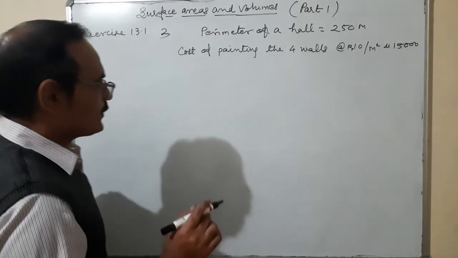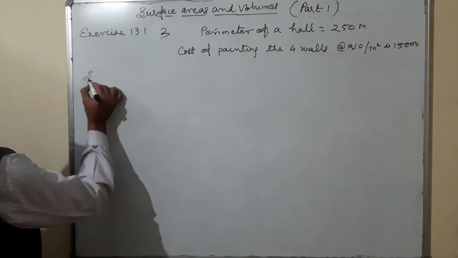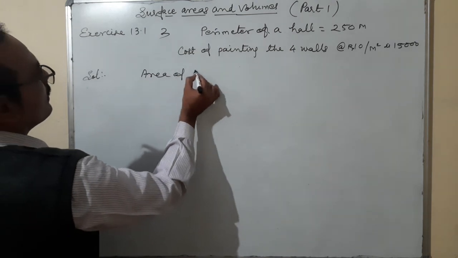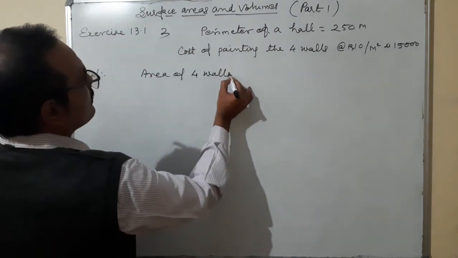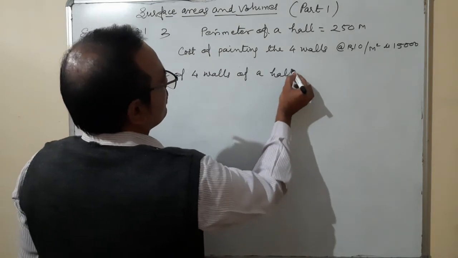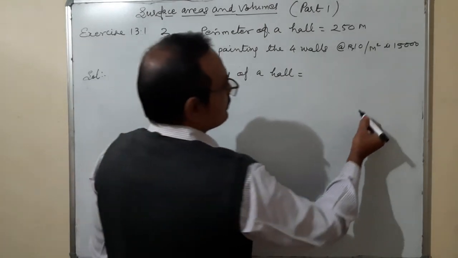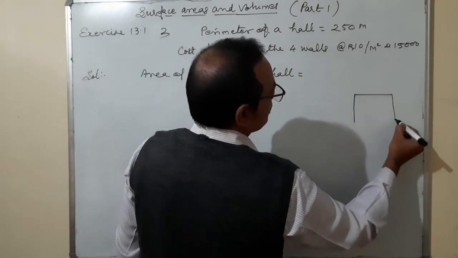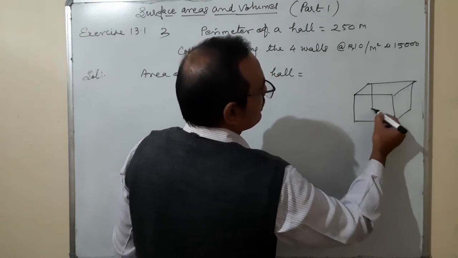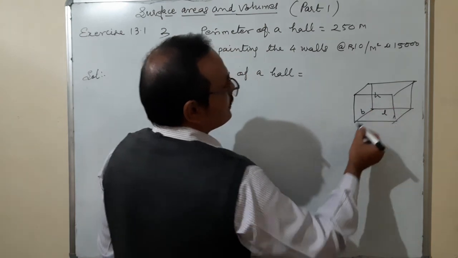Okay, so if I am going to find the area of four walls of a hall, it is equal to 2H(L + B), where L is length, B is breadth, and H is height.